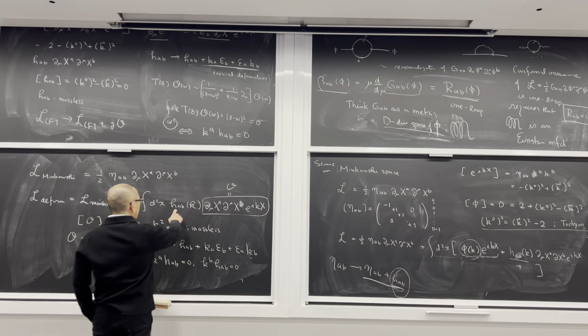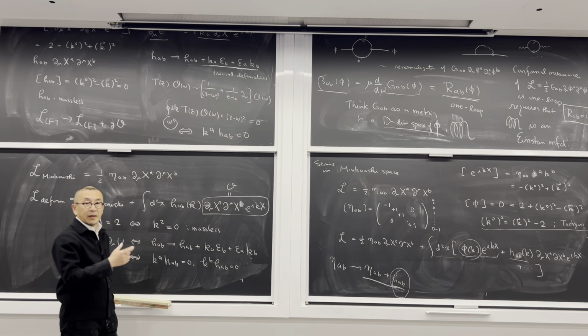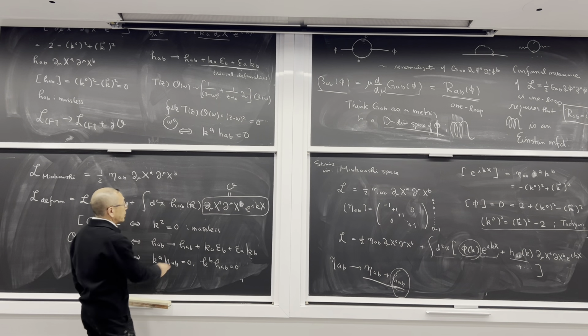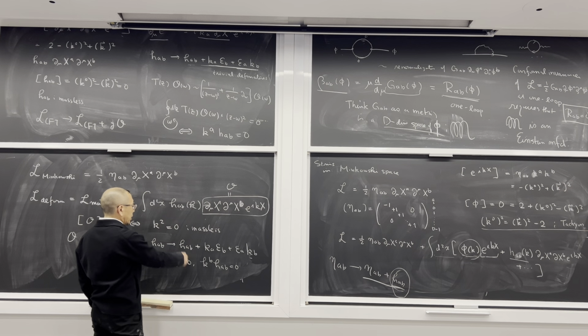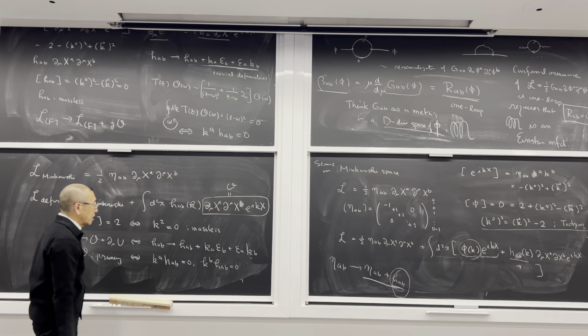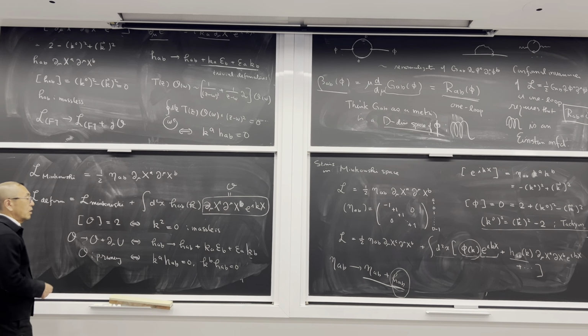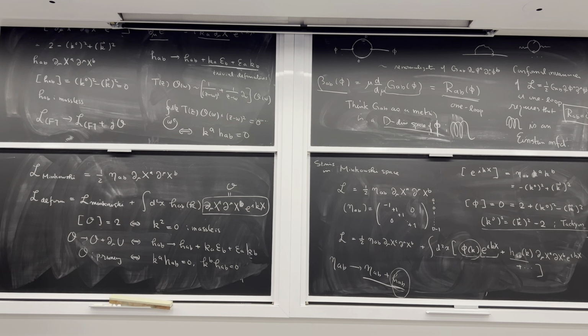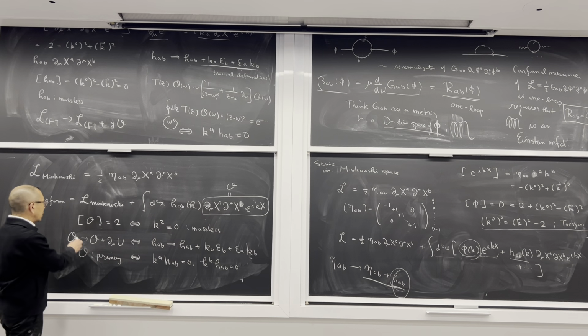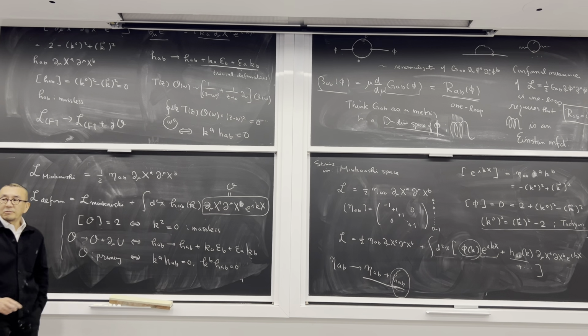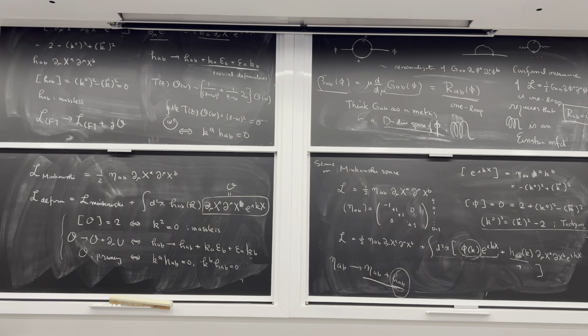Now, this H_AB can be symmetric or antisymmetric. If it is antisymmetric, this corresponds to the gauge symmetry and gauge condition for the antisymmetric B field. But for the symmetric one, this is exactly the linear perturbation of the graviton. So conformal invariance to linear order indeed reproduces a graviton propagation equation.